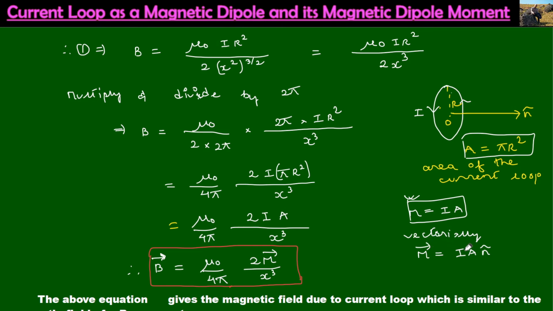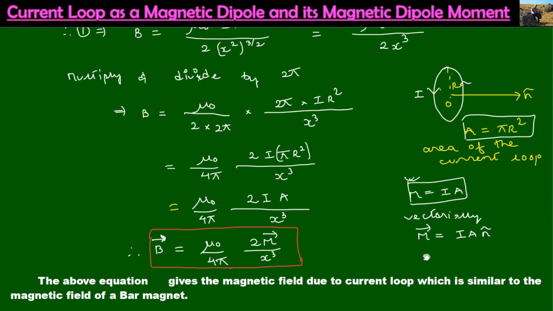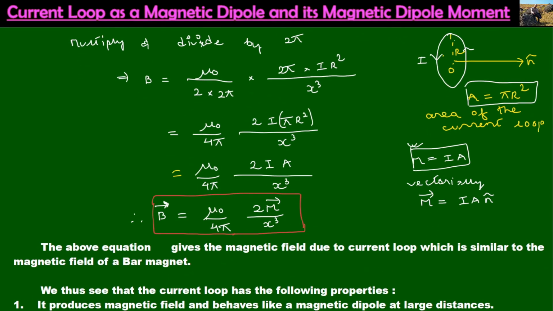This will be your magnetic moment. Let me mark this as equation 2. The above equation 2 gives the magnetic field due to the current loop, which is similar to the magnetic field of the bar magnet. So you have to arrive till this condition.